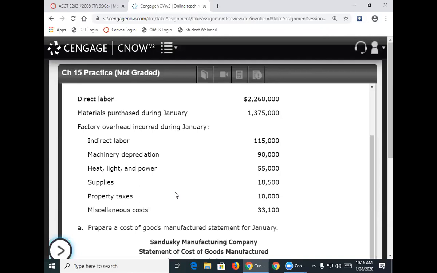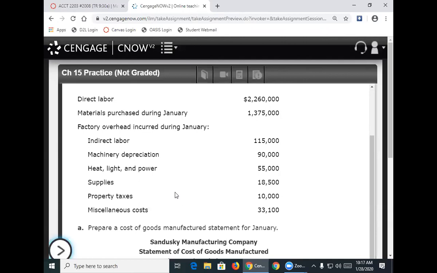Now, right here, these two numbers: we had a beginning balance in finished goods and then what we completed and transferred into finished goods in this period. I could subtotal. So all total in the period, we had 4,710,000 of finished products.